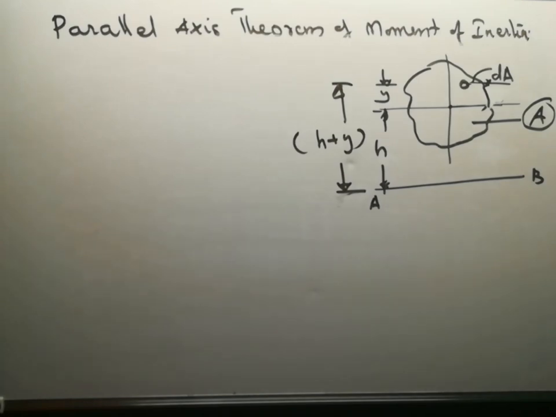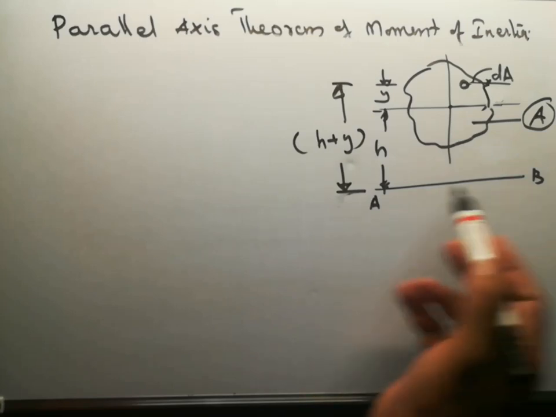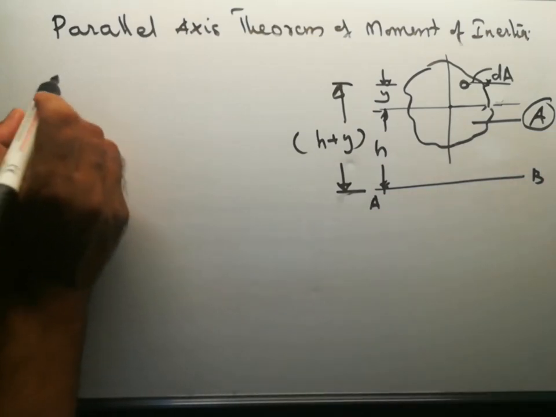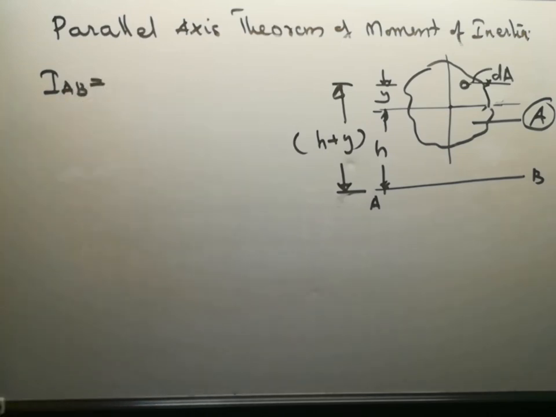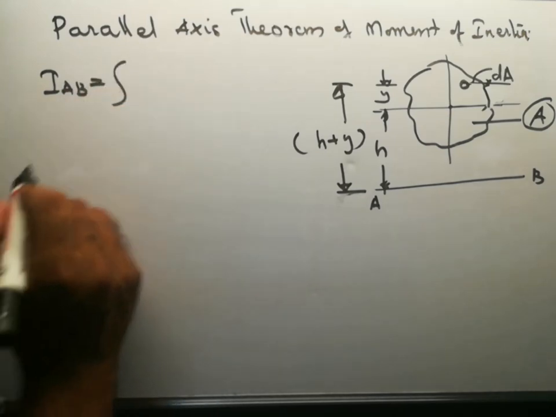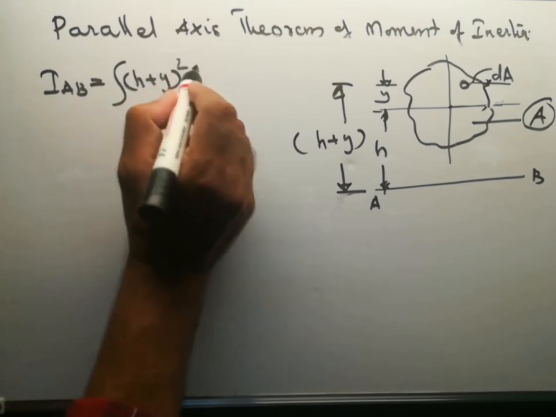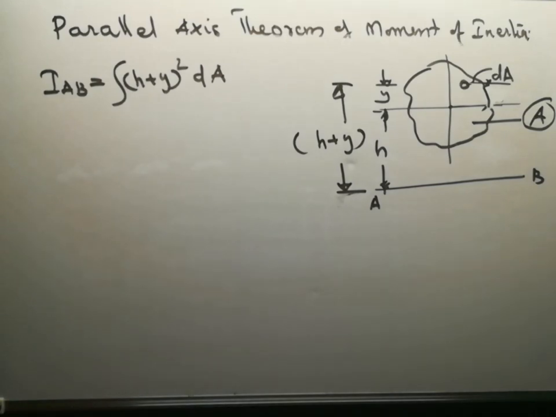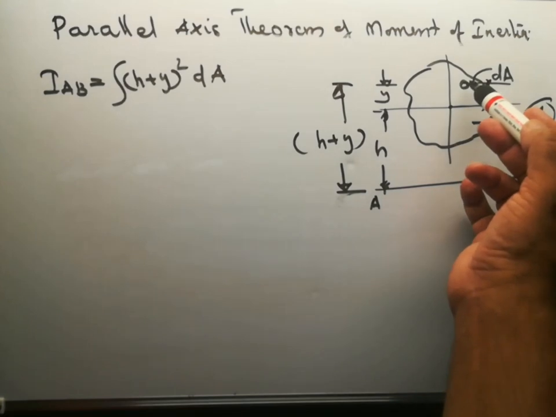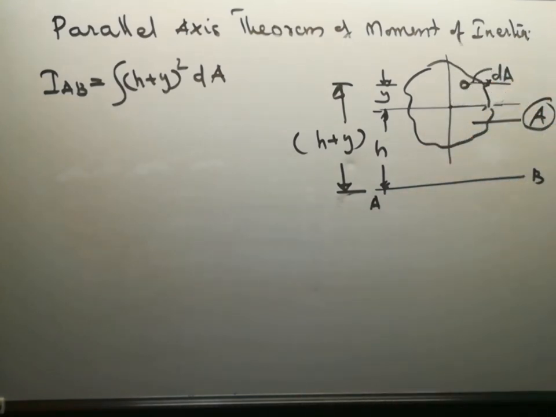So the moment of inertia of this area about AB, IAB, is equal to integral of (h plus y) the whole square into dA. That will be the moment of inertia of this whole area about AB.